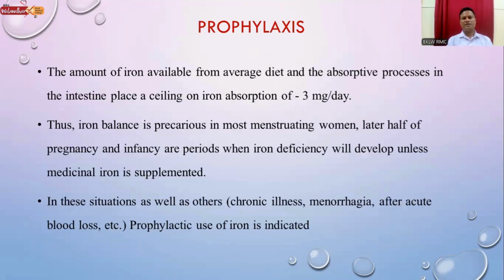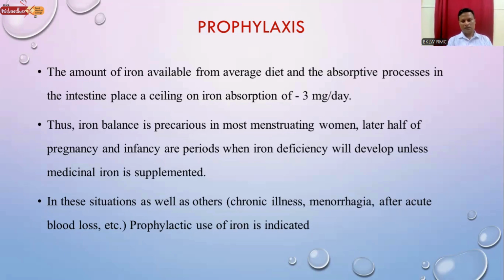So these iron preparations can also be used for prophylactic purposes. Usually the amount of iron available from the average diet and the absorptive processes in the intestine place a ceiling on iron absorption. So a maximum of 3 milligram per day of iron may get absorbed from the GIT. In menstruating women, during the latter half of pregnancy, and in infancy, iron demand is more.